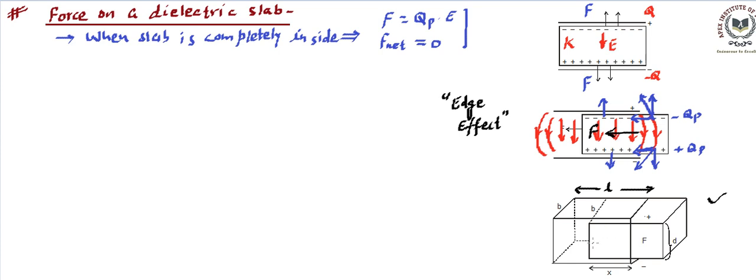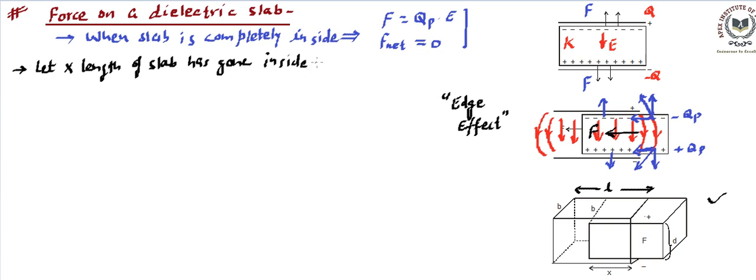So let me write this: let x length of the slab, meaning the dielectric slab, have gone inside the capacitor. Then what will be the capacitance?